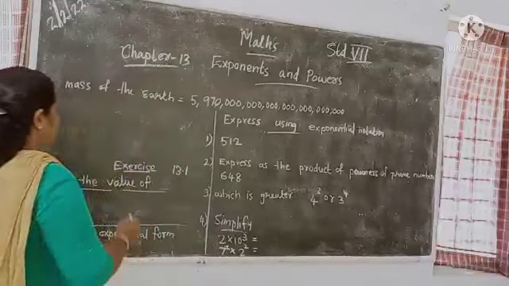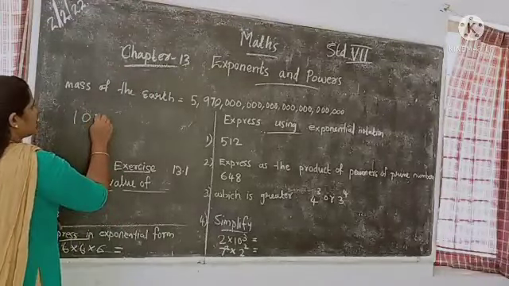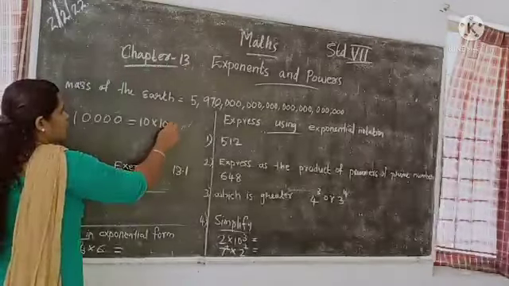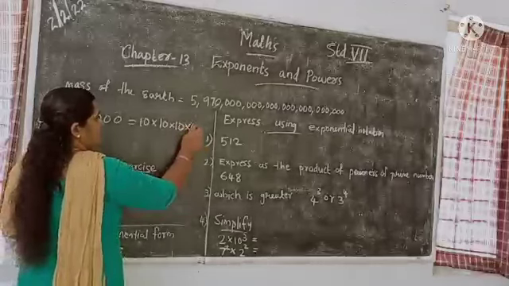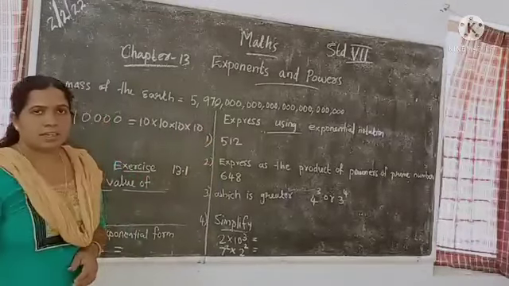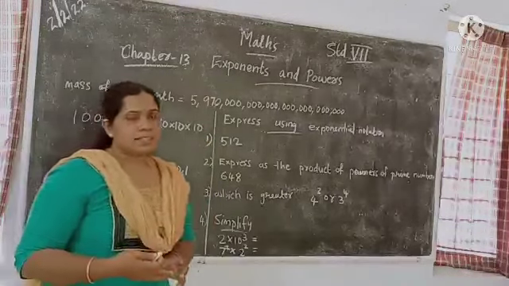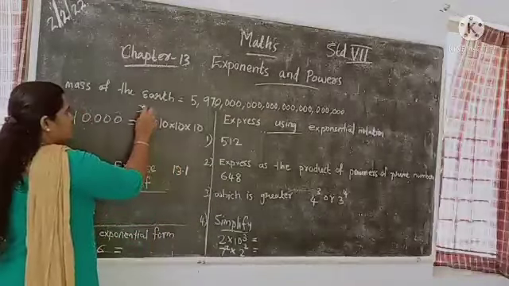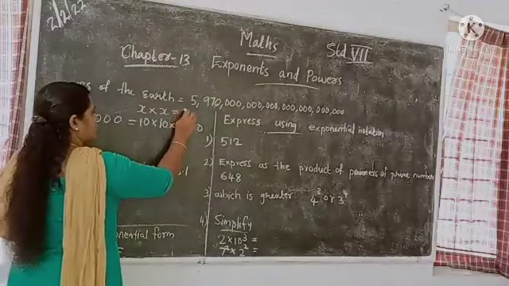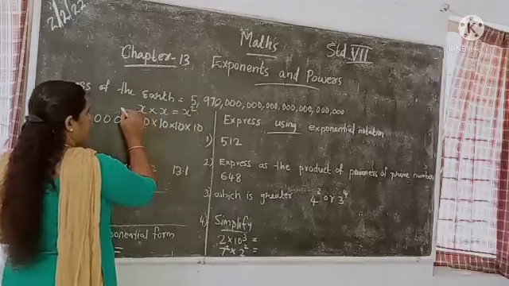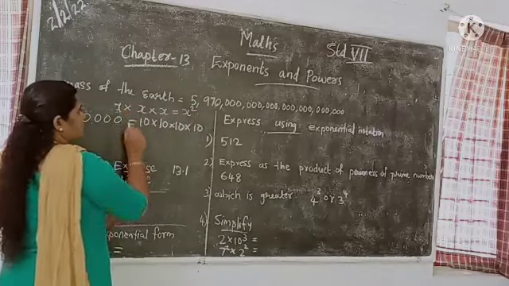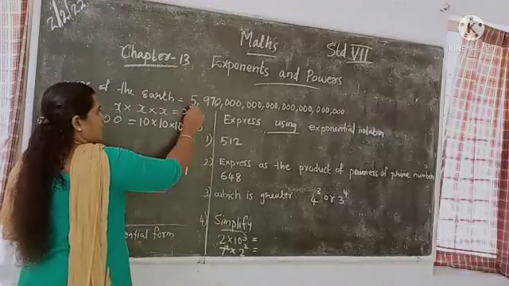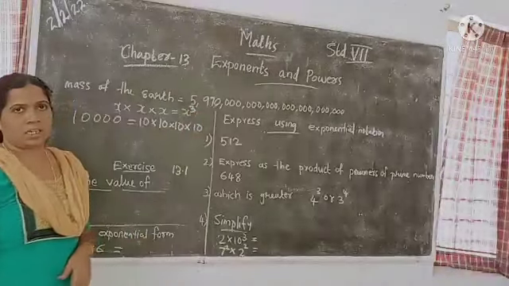We know that 10,000 is equal to 10 into 10 into 10 into 10. In the last chapter, we have learned that x into x is equal to x square, and if we multiply x 3 times, we get x raised to 3.